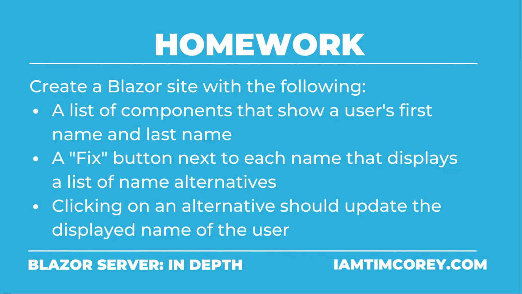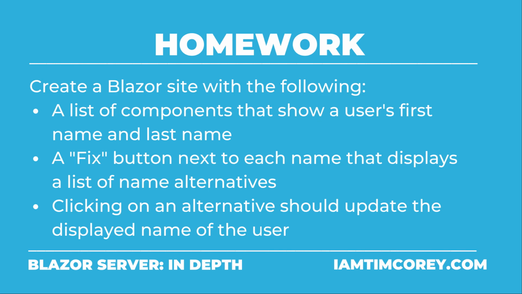Our homework was to create a Blazor site with the following: a list of components that shows a user's first name and last name. It could be one or it could be multiple users, and each will have a first name and a last name. But then next to the first and last name, we have a fix button.